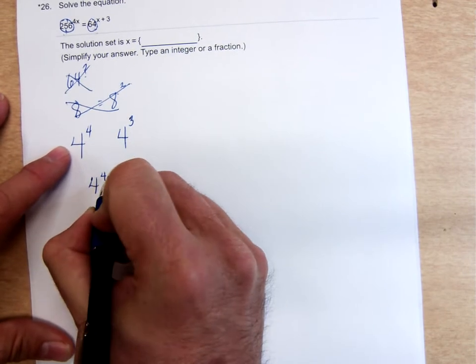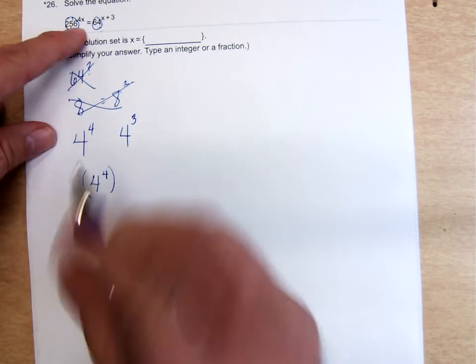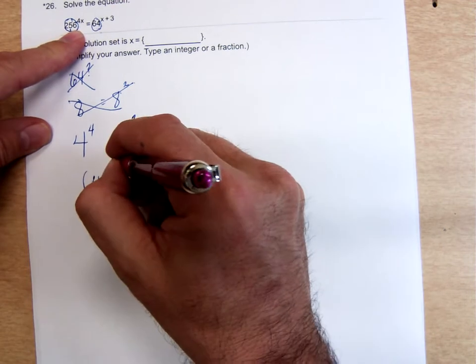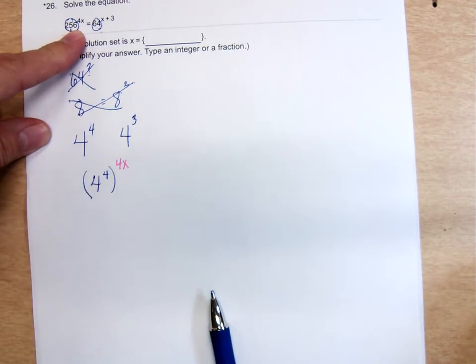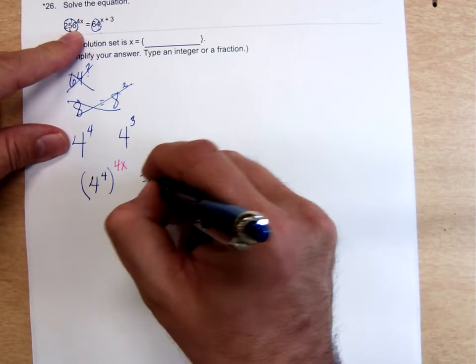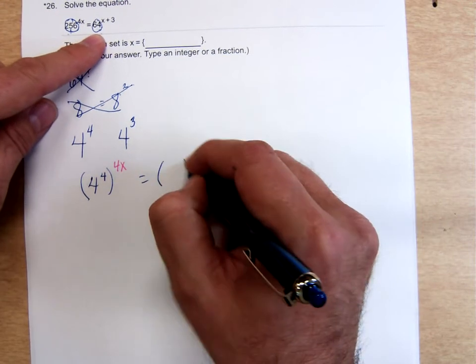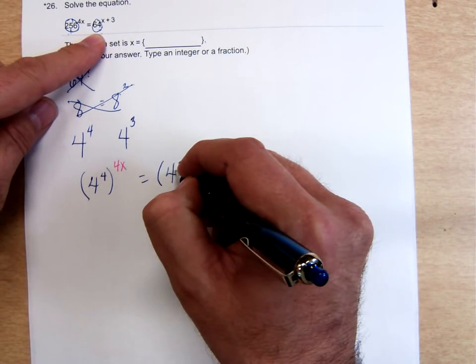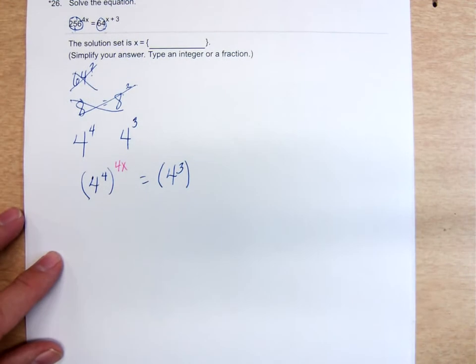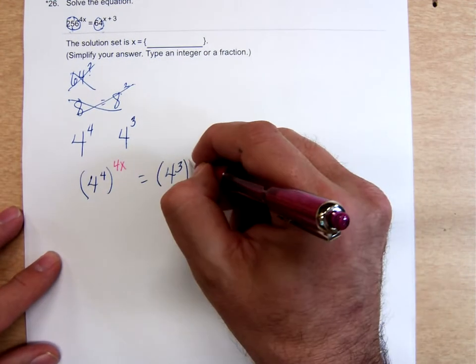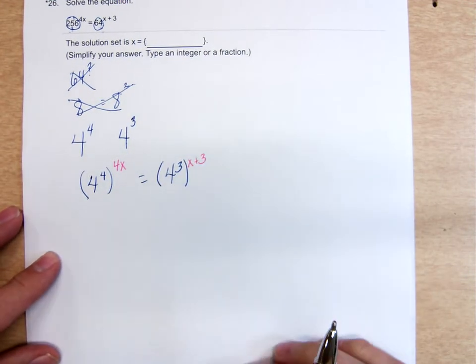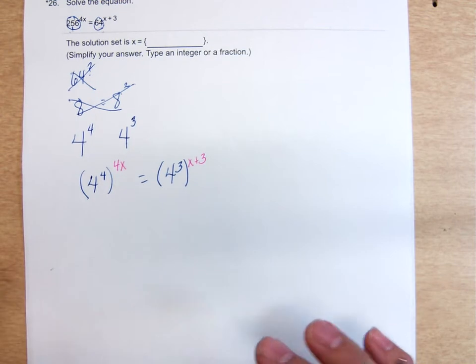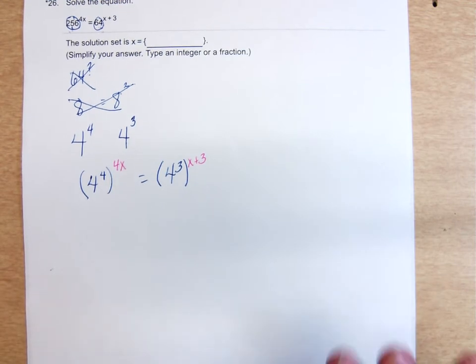We still have that exponent up here, the 4x. I'm replacing the 64 with a 4 to the 3rd. We still have that exponent, x plus 3. You'll follow my logic on how I decided on the common base.